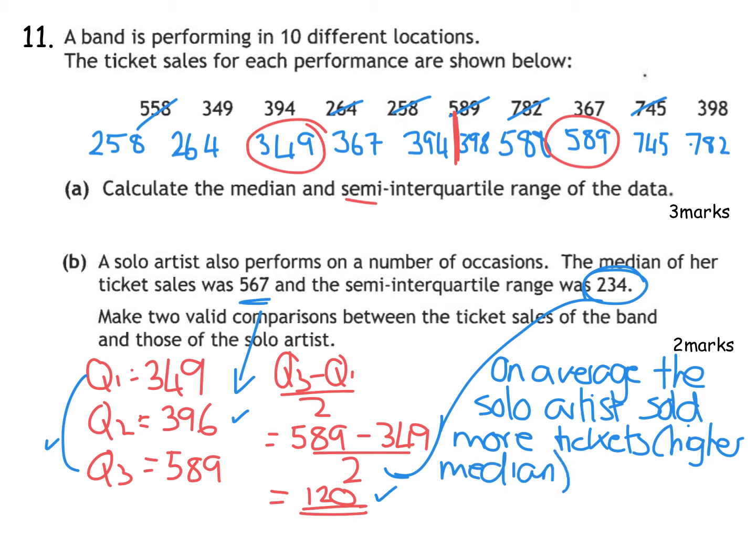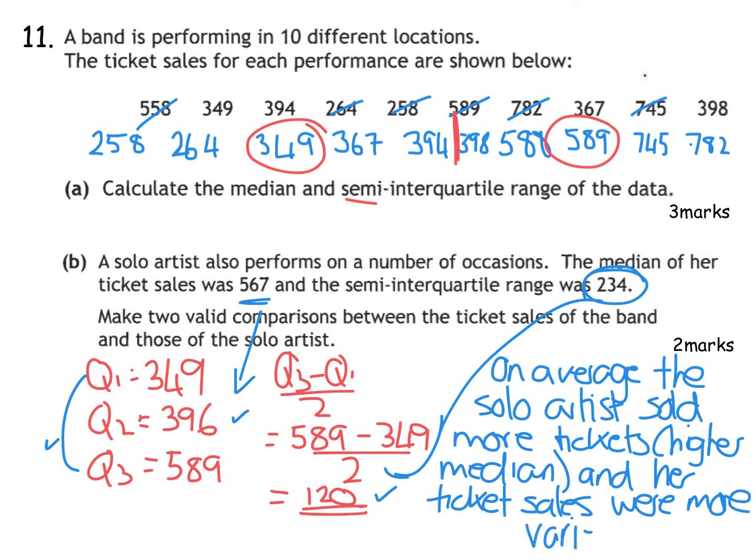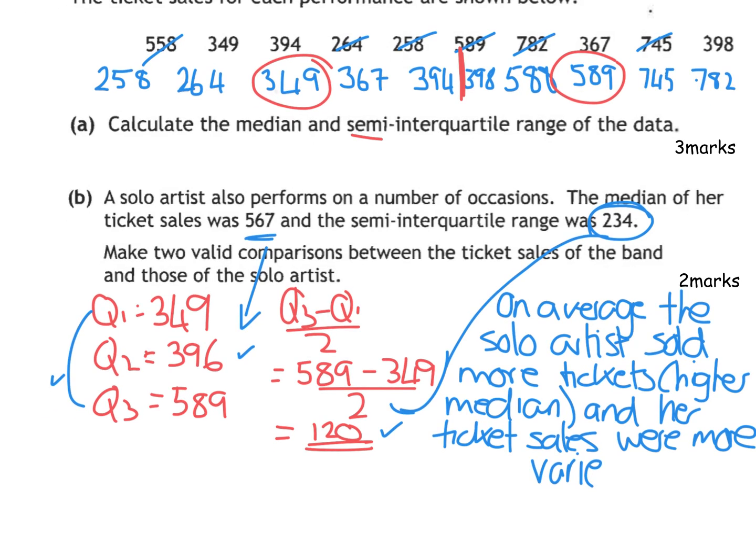And then the second statement will be, because her semi-interquartile range was a lot higher, it means that her ticket sales were more spread out. So I'm just going to say, and her ticket sales were more varied. And I'm going to squeeze it in here. And the reason they are more varied was because of the higher semi-interquartile range.